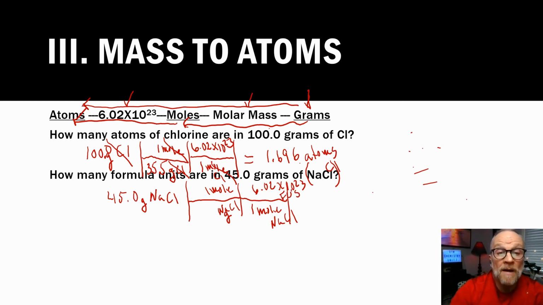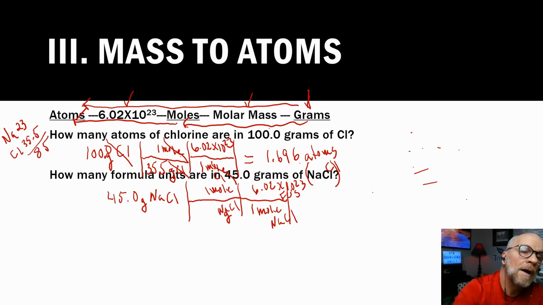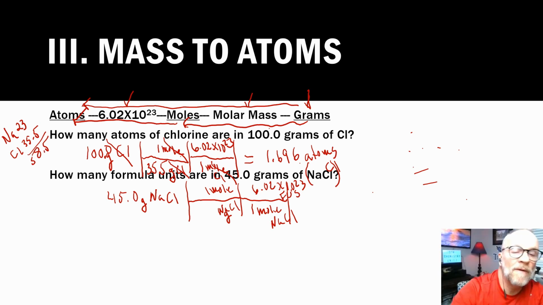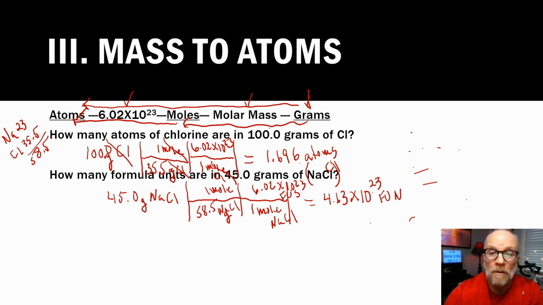So now we got to get a molar mass for sodium chloride. We'll do that over here. We've got sodium is 23 grams and chlorine is 35.5. So you got 58.5 grams. Okay, so it's 45 times 6.02 times 10 to the 23rd formula units sodium chloride.